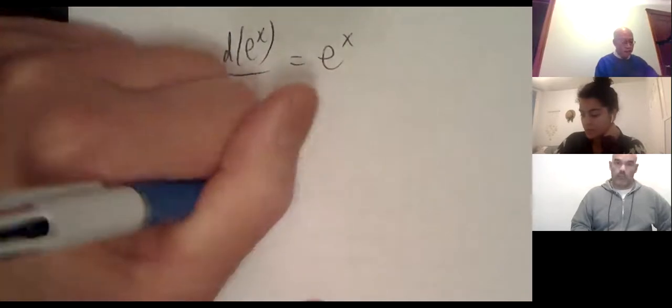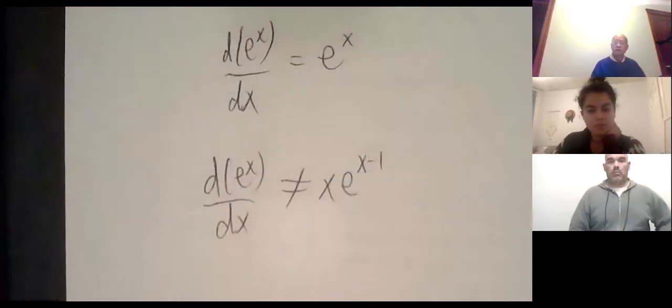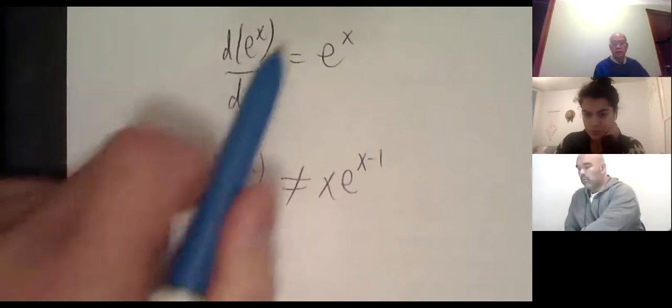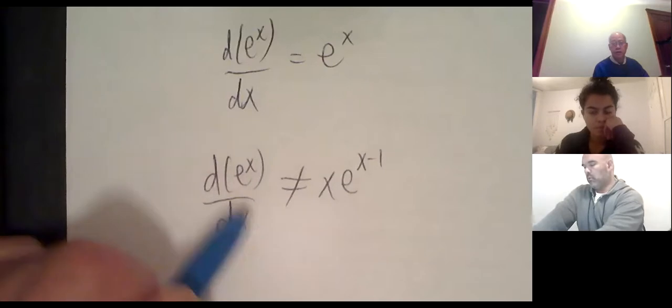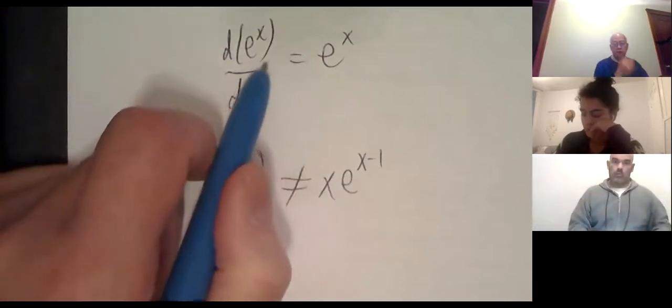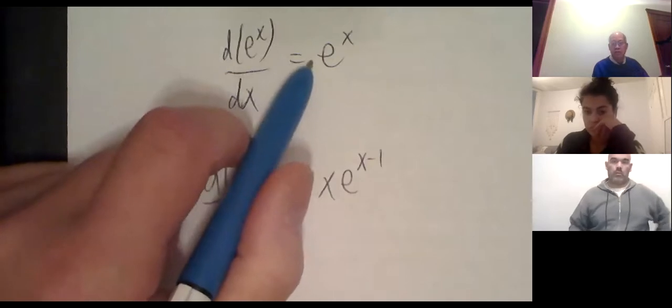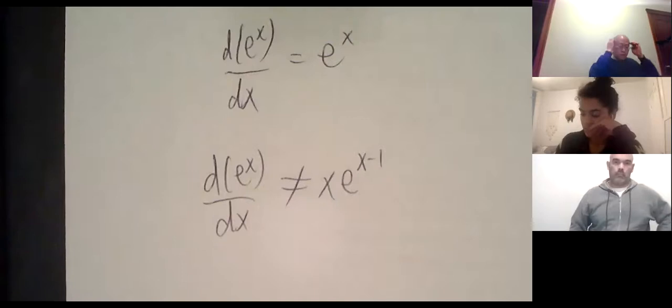The derivative with respect to x is not x e to the x minus 1, even though it seems plausible. Right? And I know what students are doing. They're saying, oh, bring this exponent down and subtract 1, just like the power rule. Okay, so don't do this. It's actually easier. Derivative of e to the x is itself, just e to the x. Okay, and it also has its own chain rule.